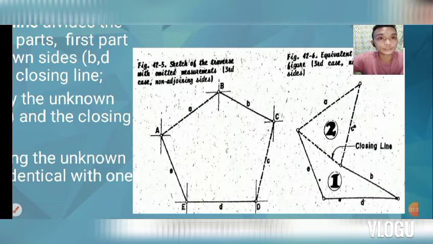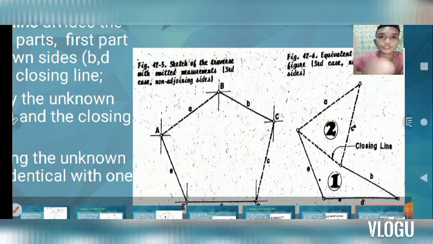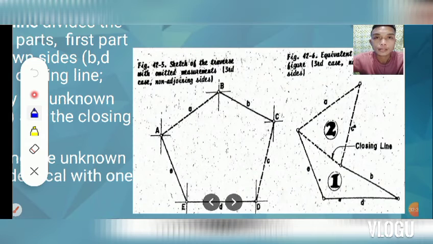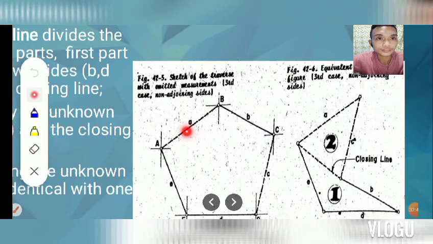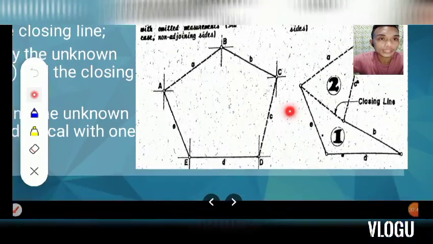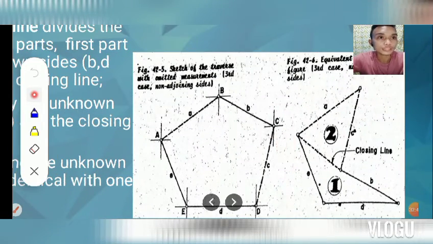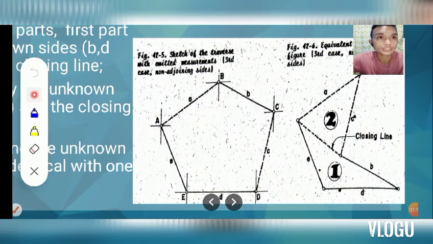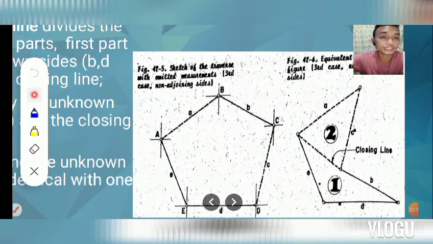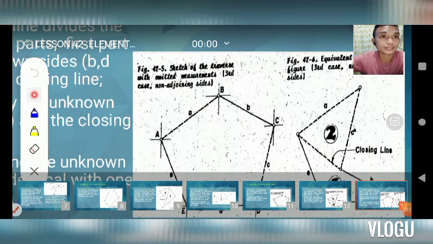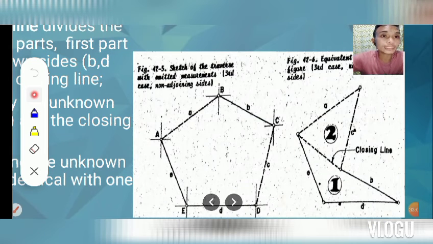Here is the unknown side A and the side C, represented by the dash line or broken line, representing the unknowns. Supposedly, we can make a triangle by drawing the closing line.